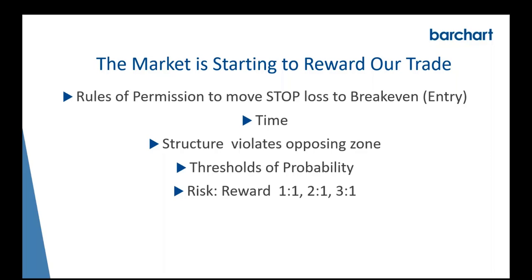Now, I know a trader that uses a 1-to-1. The way he trades is he'll trade in 2-lot increments. Once he gets 1-to-1, he takes one contract off, takes that profit, and in essence, that profit covers the loss of the other contract that he still has on. So in essence, he is at break even.